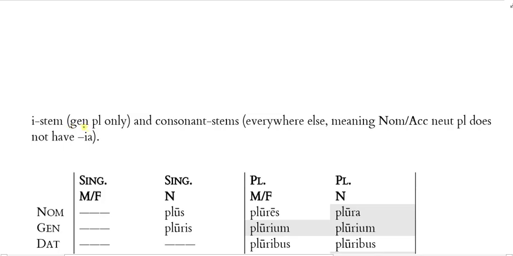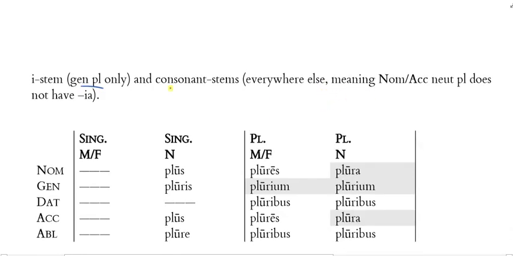Where it looks I stem or behaves in an I stem way is in the genitive plural only. Everywhere else, it looks like a typical consonant stem third declension, meaning whereas normally I stems affect not just genitive plural, but in the neuter plural, nominative and accusative, usually you have ia for I stems, we're just going to have a instead.